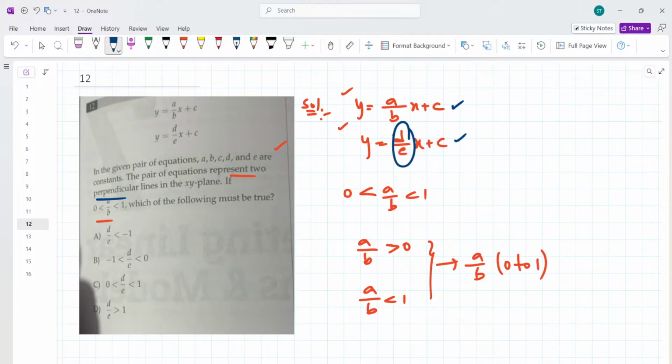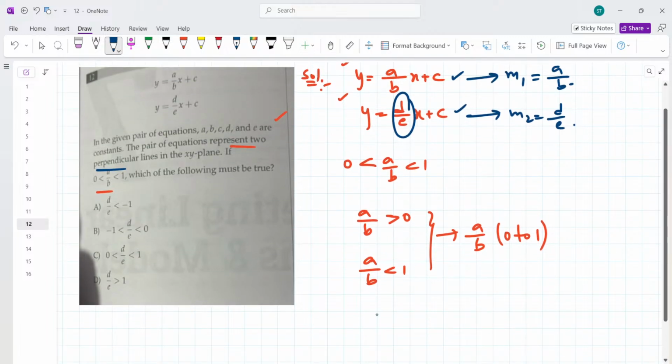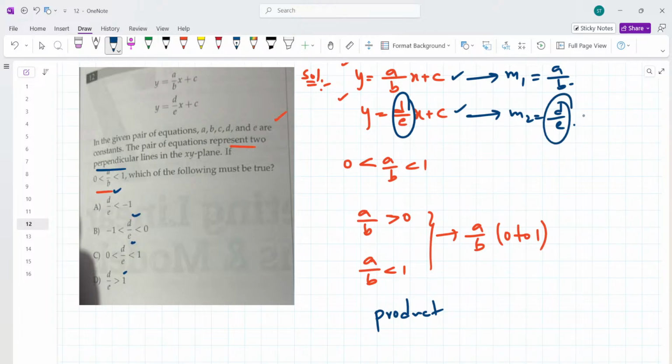Here we have a clue that the slope of the first one is A by B and the slope of the second one is D by E. To get the value of D by E, the only thing we have is the product of slopes to get connected with what they are asking.